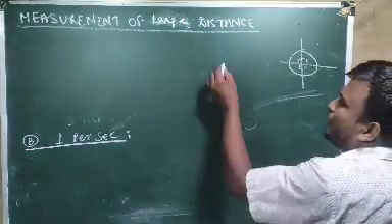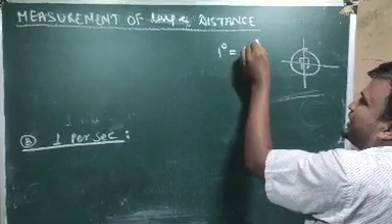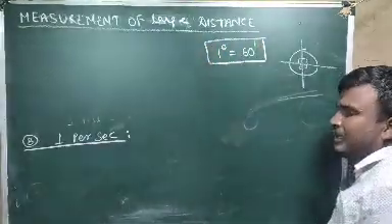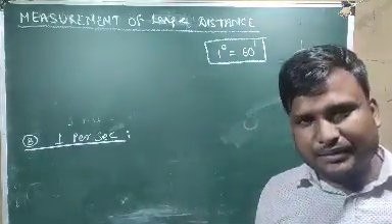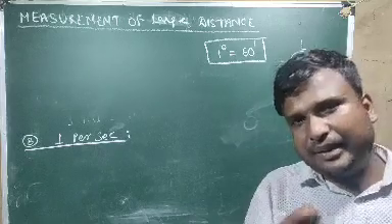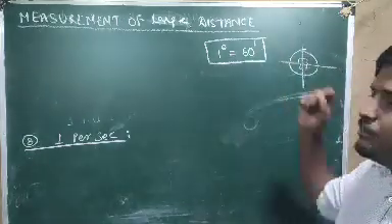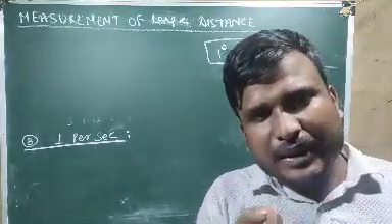That means 1 degree is equal to 60 minutes. Remember, 1 degree equals 60 minutes. Each part is called 1 minute.